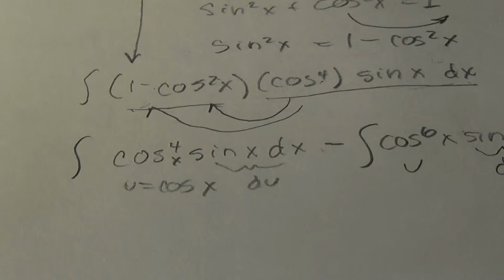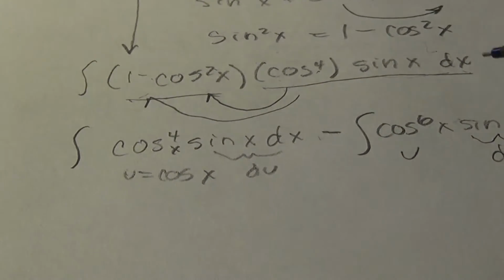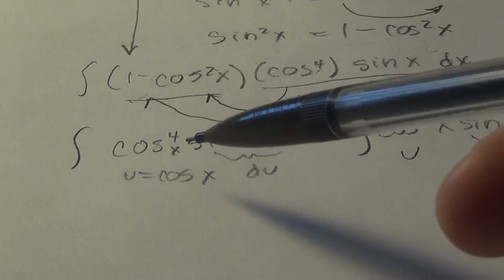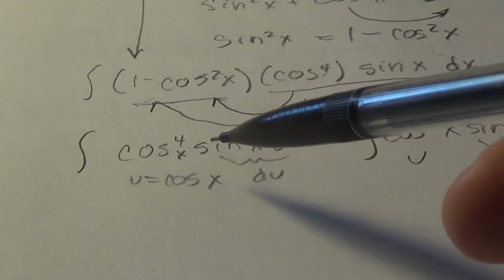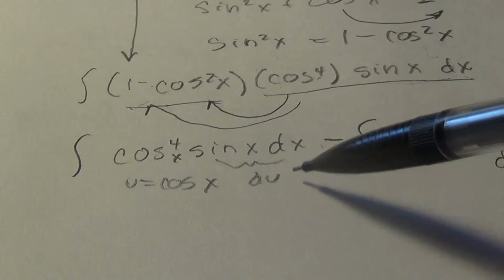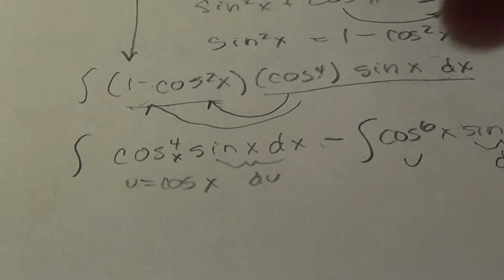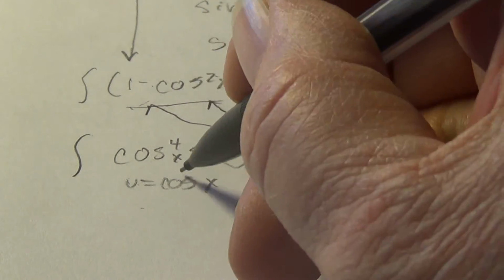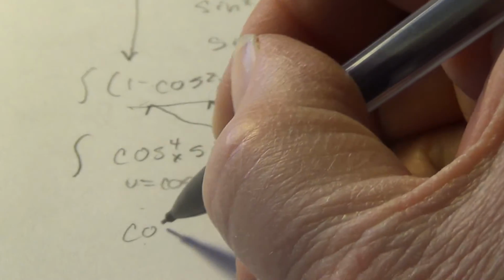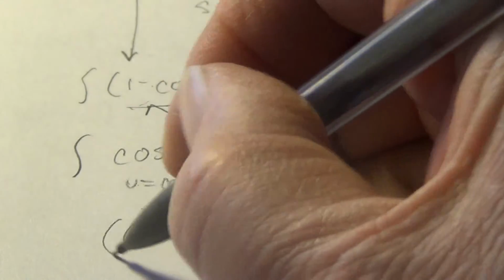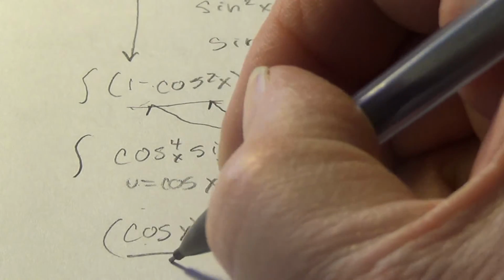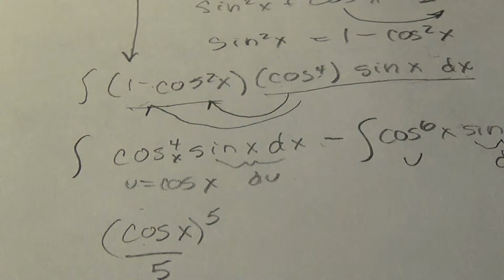All right, integrating then. We kind of did it in our heads, but you feel free to write out the expression in u's. But we know that it's u to the 4th du, so that integrates to u to the 5th over 5. So I'll go right on in and put cosine x to the 5th over 5.